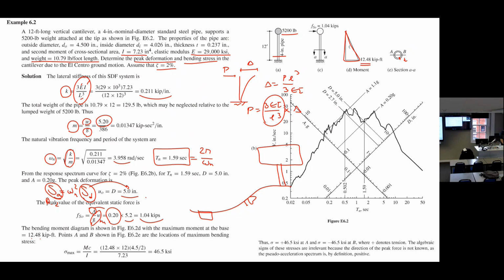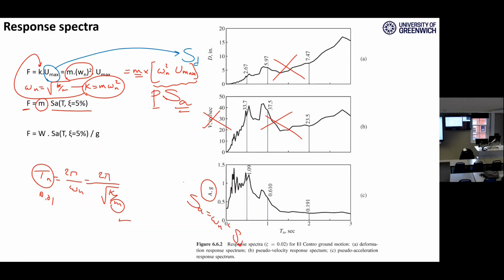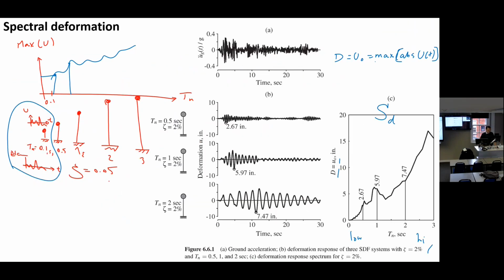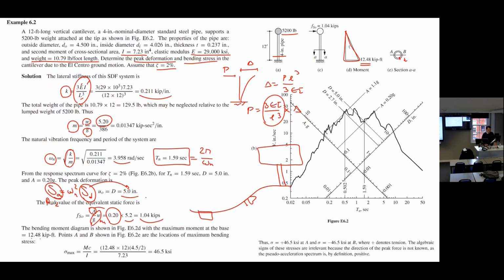M is the bending moment, 12.48. C is half of your section, from the neutral axis to the top or bottom of your section.